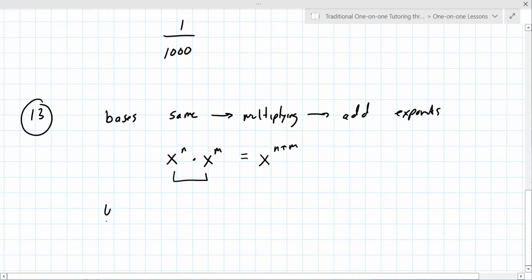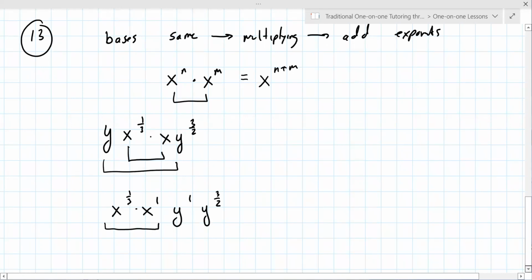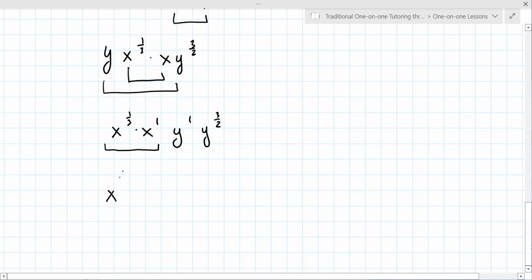So in 13, you have y(x) to the 1/3 times xy to the 3/2. What I would have you do potentially is rewrite the order of this, pair up the x's, pair up the y's. Now notice I'm writing y to the 1 and y to the 3/2. Since the bases are the same, you're going to add the exponents. You're going to add 1/3 plus 1.